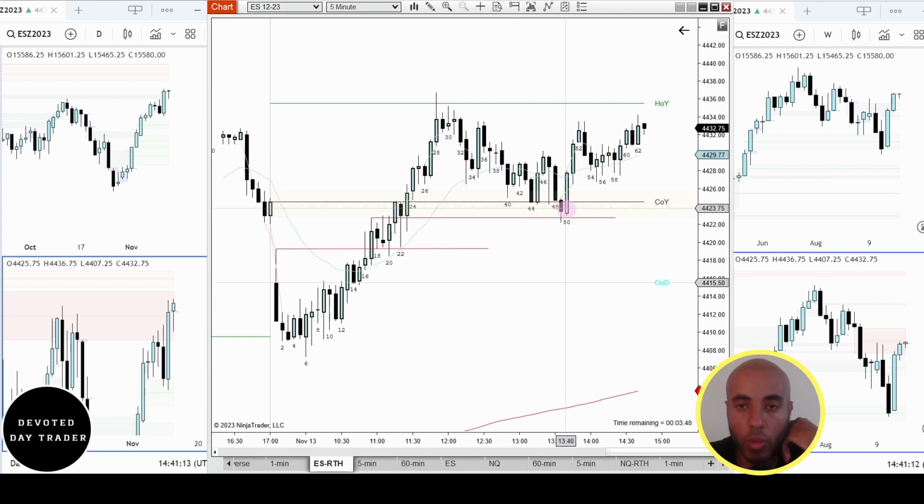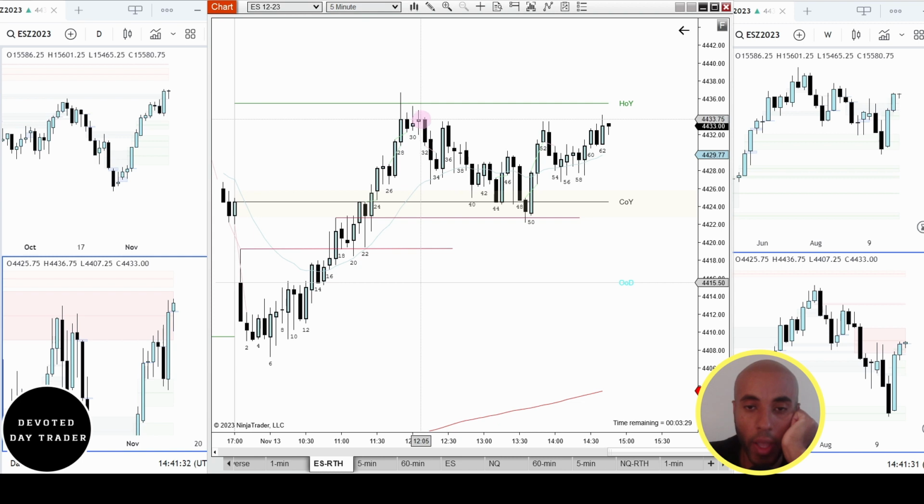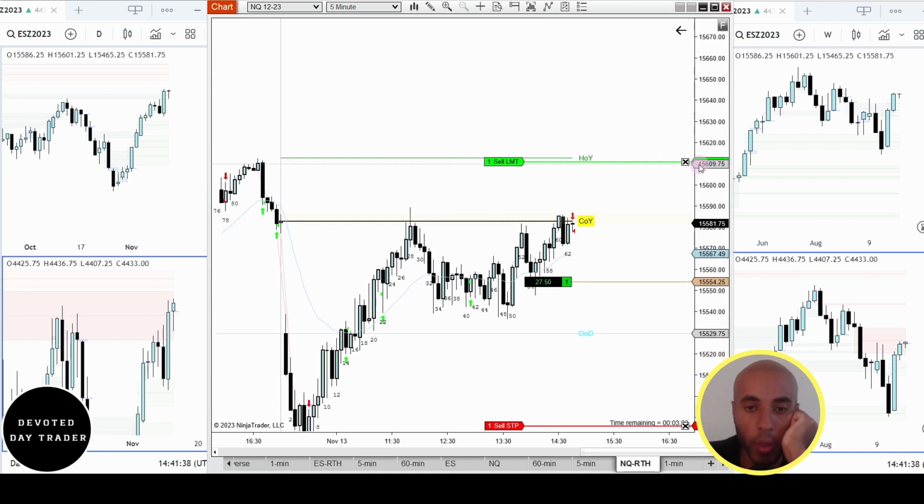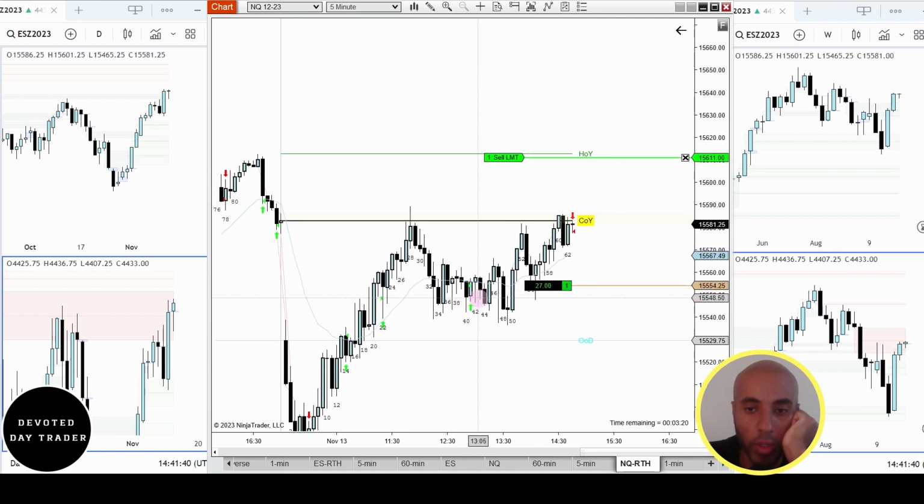It failed to have a close. Well, I anticipated that this gap was going to remain open on ES, and this increased the odds of a trend lasting all day.